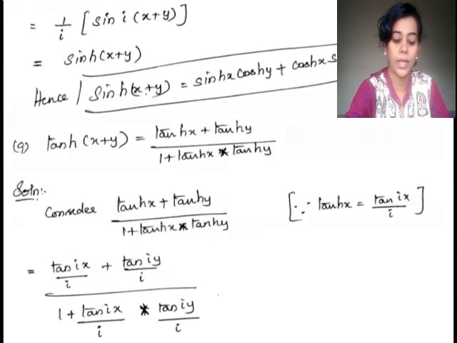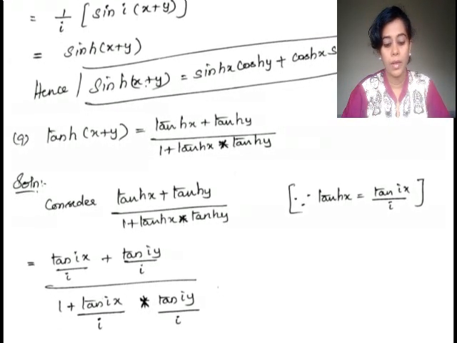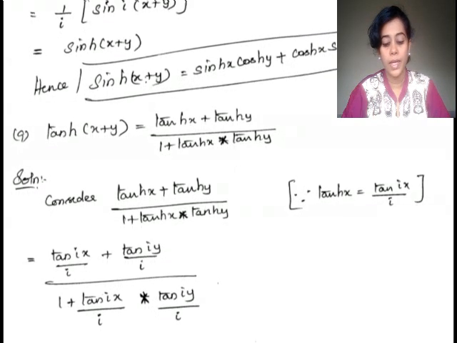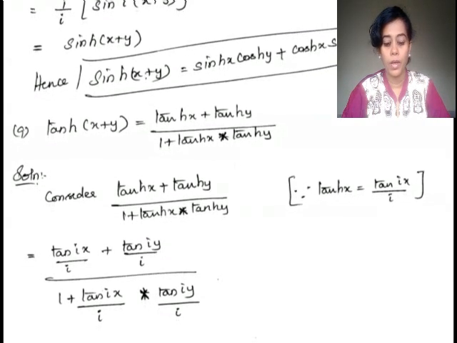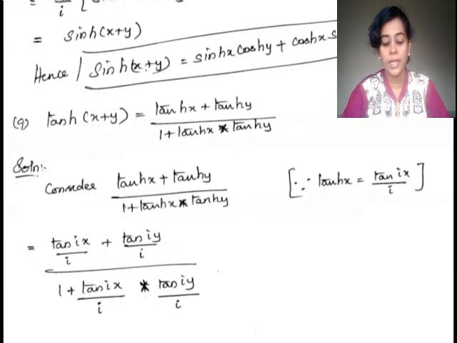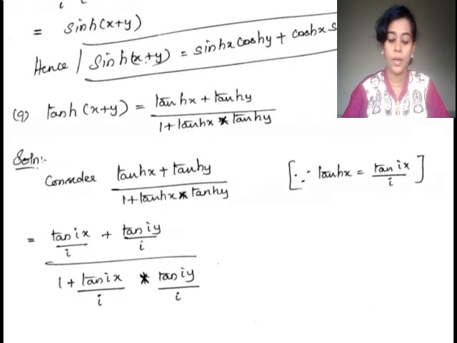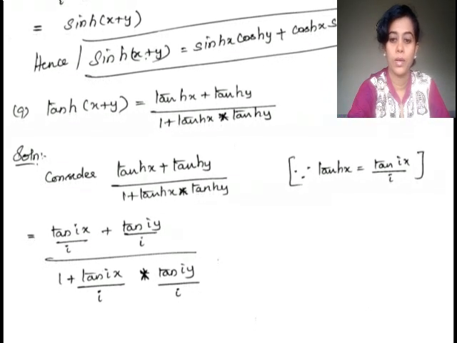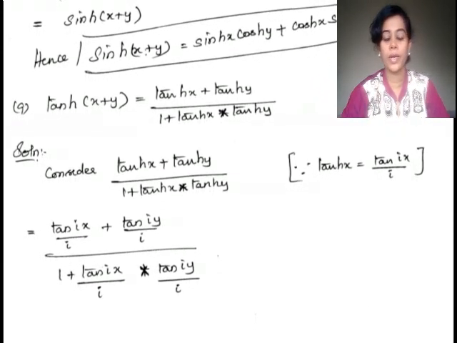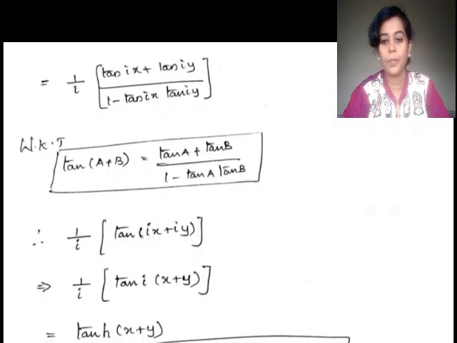And that would be written as tan ix by i plus tan iy by i, and this divided by 1 plus tan ix by i into tan iy by i. This can be written as 1 by i of tan ix plus tan iy.